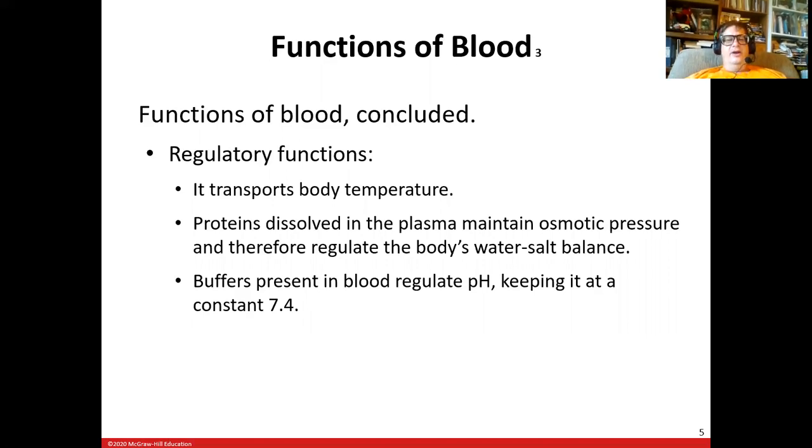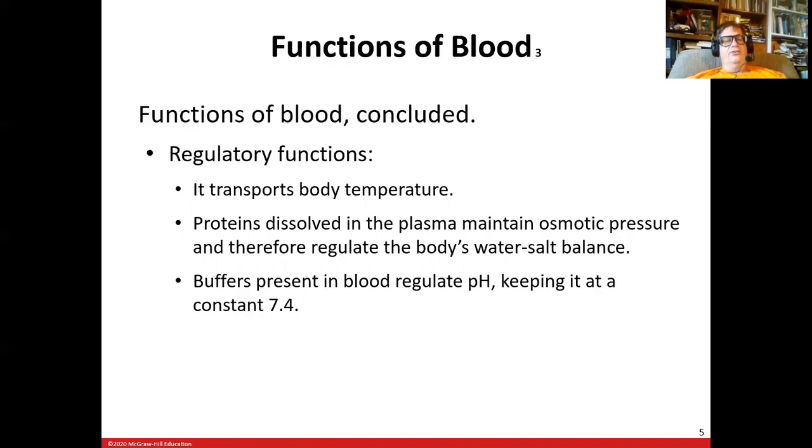Blood regulates your water balance. The example they have here is proteins dissolved in the plasma maintain osmotic pressure and regulate water balance. We'll talk later about hydrostatic and osmotic pressure, but when your heart pumps, there's some pressure at the front of the capillary that pushes fluid out of the capillary.